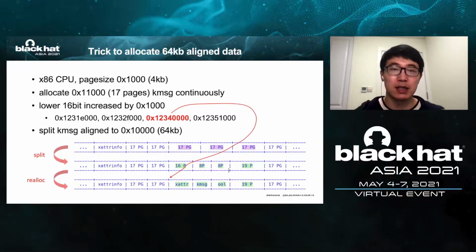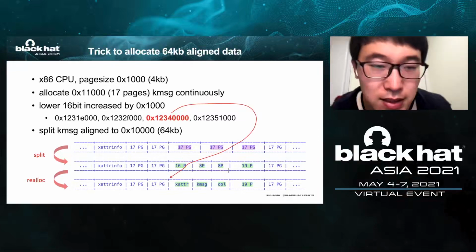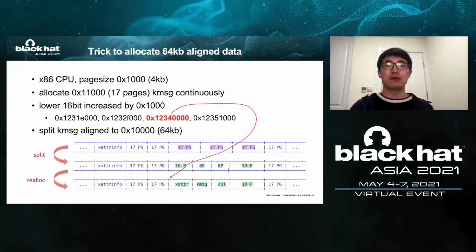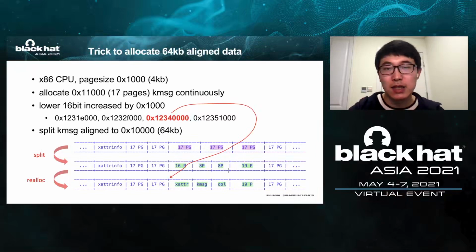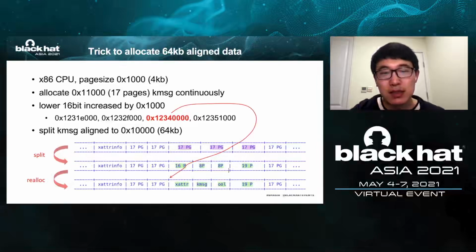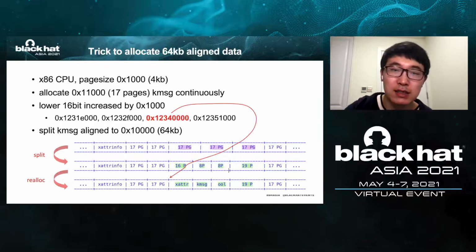The memory page is 4 KB. I allocate many key messages of 17 pages size continuously, which means the size of a key message is hex 110000. The advantage of doing this is that the addresses of these key messages will increase sequentially.